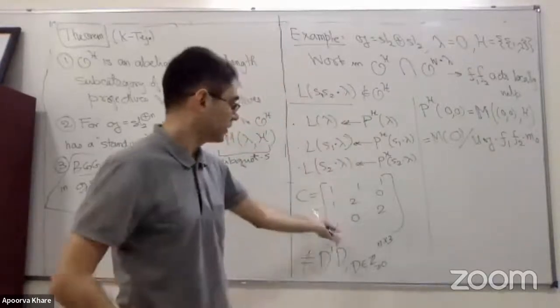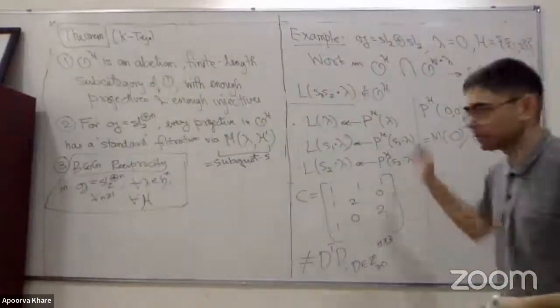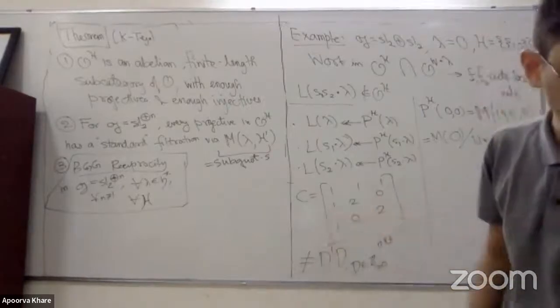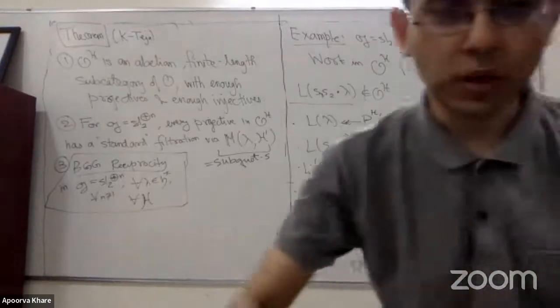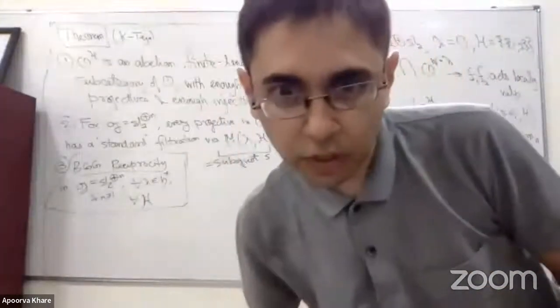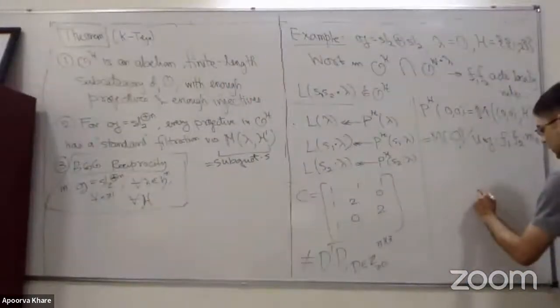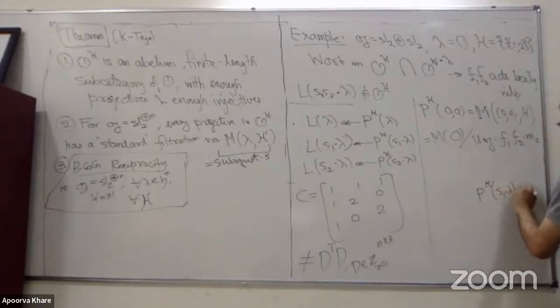Well, okay, we don't have the lowest object here because that doesn't belong to the category O. But indeed, of course, L of minus 2 was the Verma module itself. Okay, now let me tell you the other two standard filtrations. So here we go. The projective cover P^H of S1 dot lambda.